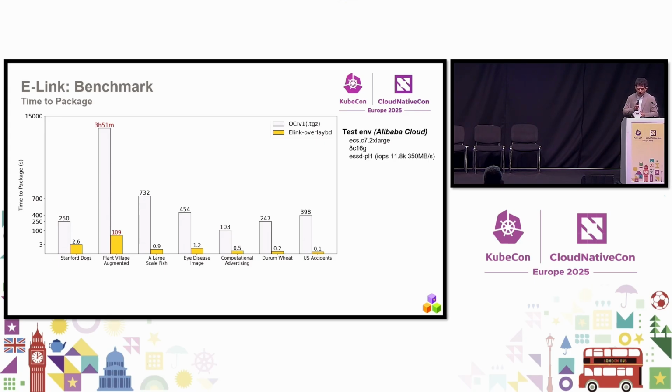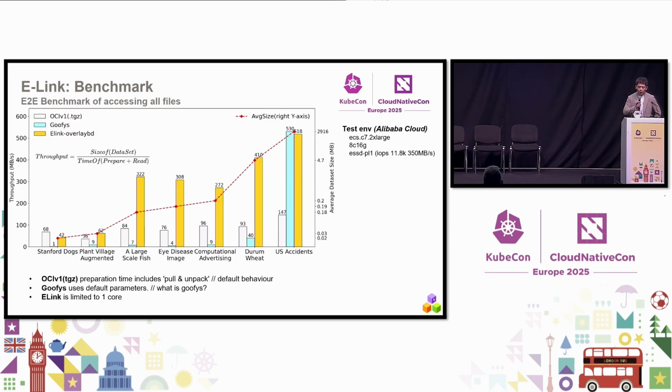For the 22 GB dataset, which contains more than 700,000 files, the packaging of the OCI image takes nearly 4 hours, but the E-Link build takes less than 2 minutes.